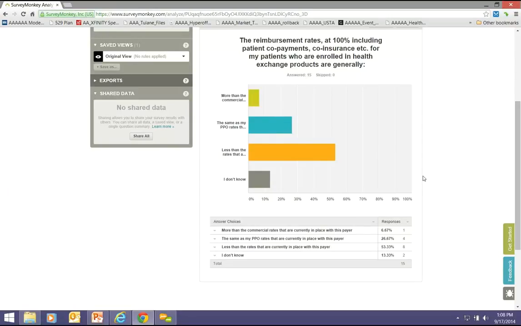I'm not sure, given this group, if we have any providers who have offices in multiple states, but in some cases payers will require that you have an NPI number, a license, and in some cases a Medicare certification for each office if it's in a different state. So keep those things in mind.